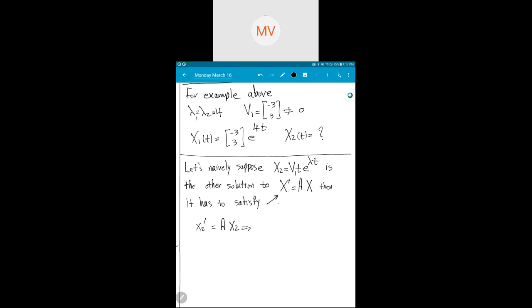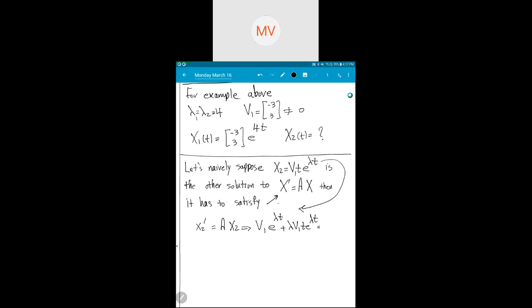Let's set up this equation and see what happens. The derivatives are with respect to t. With this x2, the derivative with respect to t, you do a product rule, so it's going to be v1 e to the lambda t plus the derivative of e to the lambda t, so lambda comes down: lambda v1 t e to the lambda t.